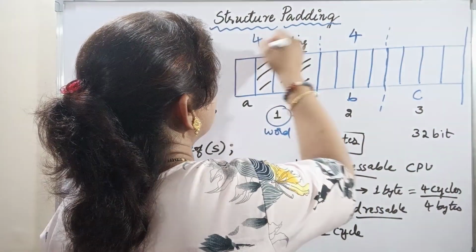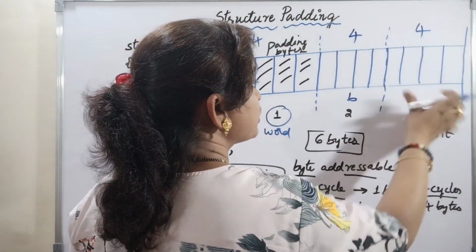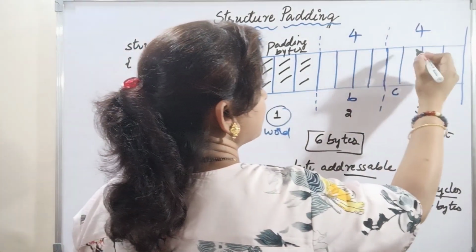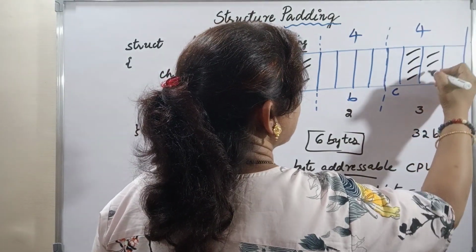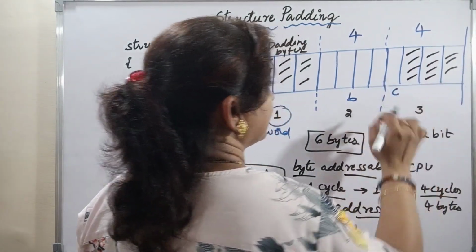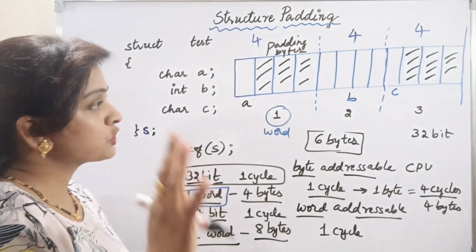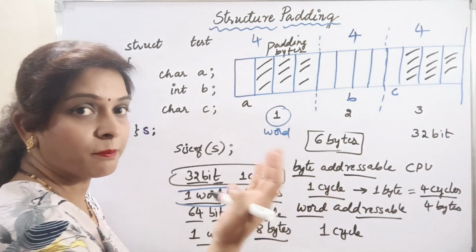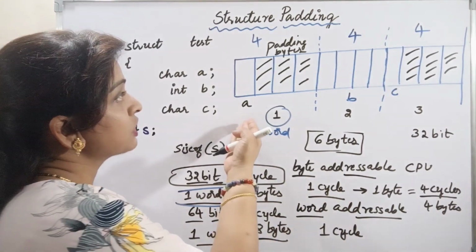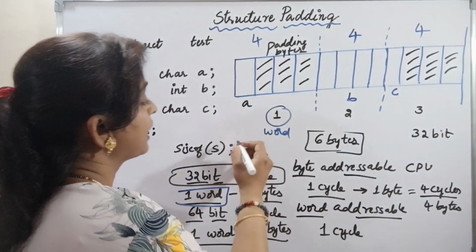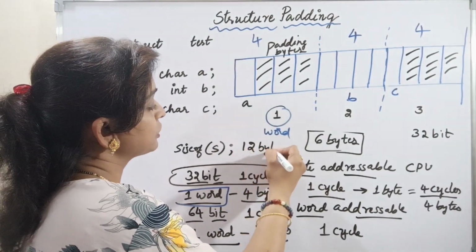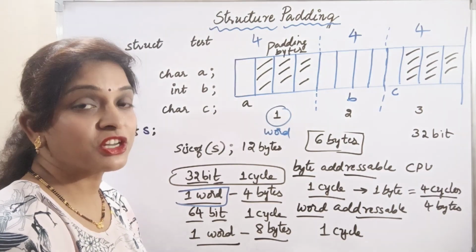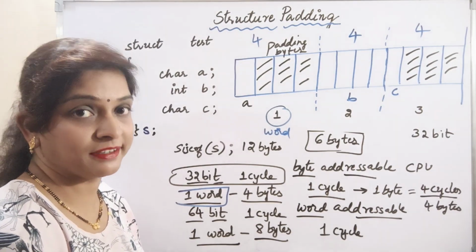Then C takes 1 byte, but extra 3 bytes have to be padded so that it can be treated as one word. If I print the size of the structure, how many bytes is it going to consume? It is 4 plus 4 plus 4, totally 12 bytes. So the memory is getting wasted and not being utilized efficiently.